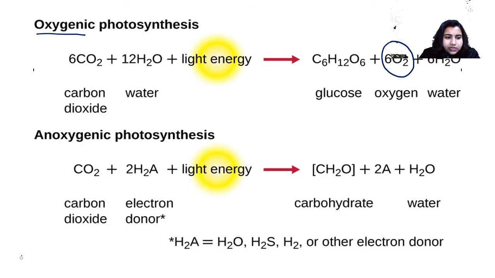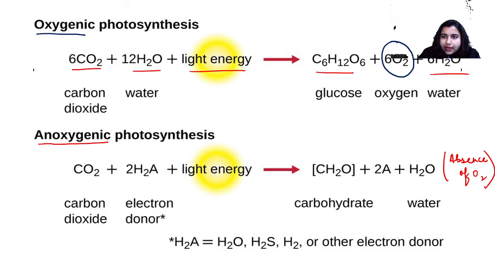But in anoxygenic photosynthesis, there is an absence of oxygen, no O2, so that's why we call it anoxygenic. The reaction: carbon dioxide, water and light energy form carbohydrate and water, with no oxygen, right? In oxygenic, oxygen is liberated out, but in anoxygenic there is no liberation of oxygen.